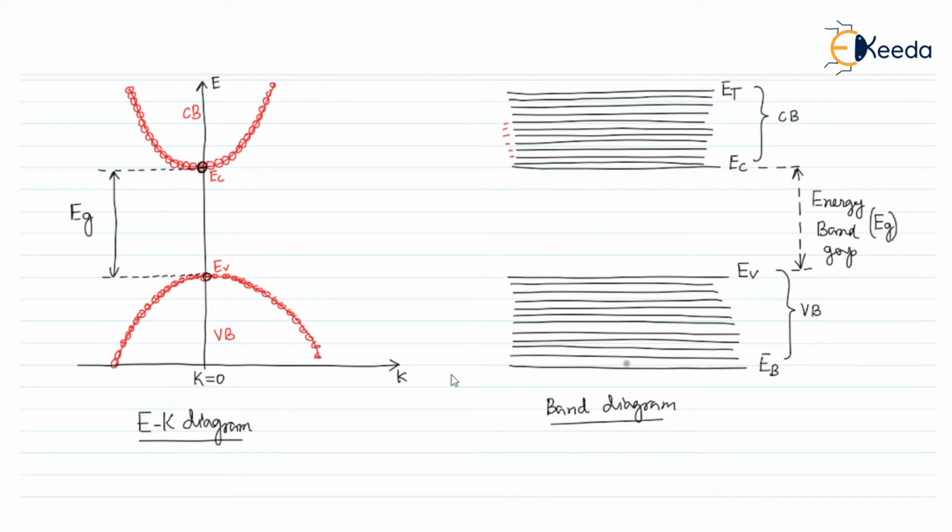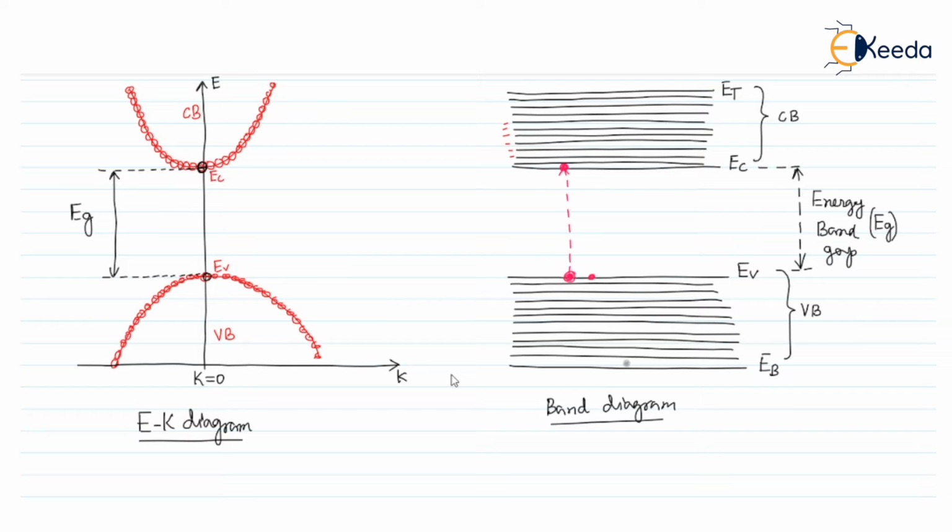E-K diagrams and band diagrams are different ways of representing the semiconductor behavior. Right now, suppose there are some electrons at the EV energy level. If I give some amount of energy externally, then this electron will move upward to the conduction band, and a hole will be created here.